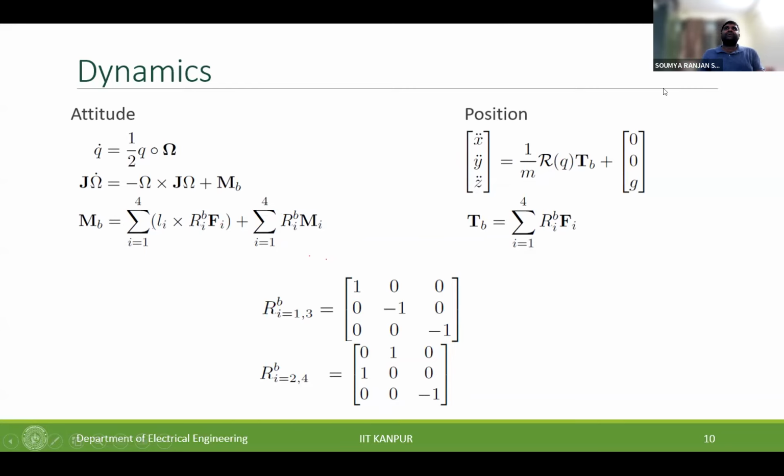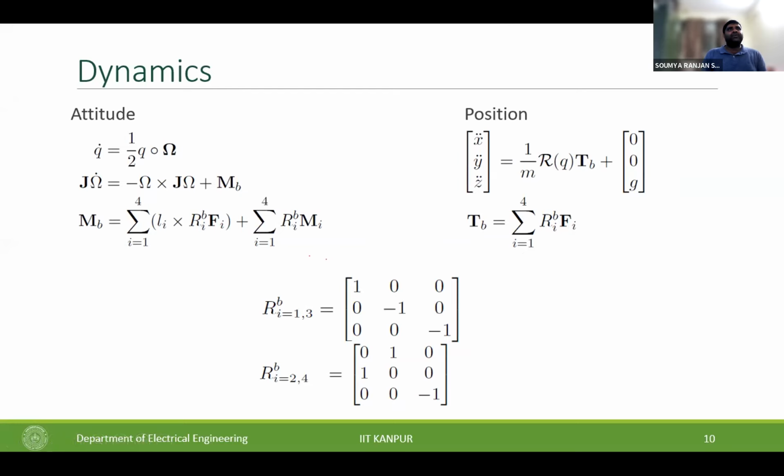Similarly, if we see the position dynamics, the accelerations along X, Y, and Z, as seen in the inertial frame is this, where TB is basically the force vector that we see in the body frame, which is nothing but the combination of all forces translated from their respective rotor frame to the quad rotor frame, and they are summed together. And of course, we have the gravitational force in play.